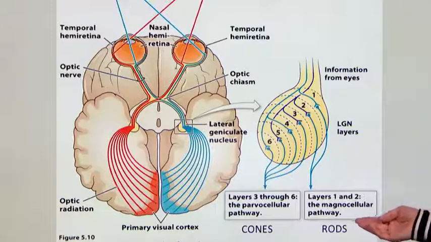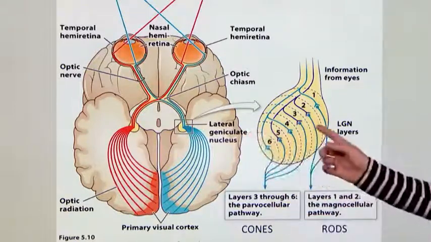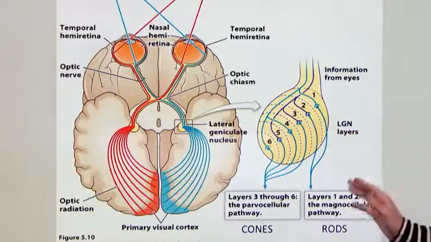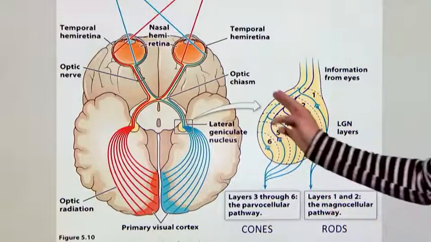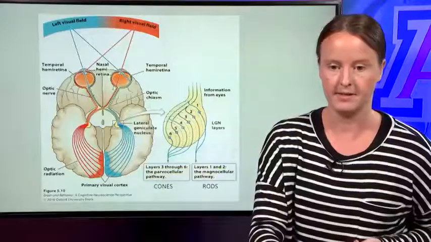The magnocellular pathway is important for processing information from the rods, and those are responsible for dim vision, no color, sort of seeing in dim light. So the LGN is broken up into distinct layers that handle information from the rods and the cones. The layers are organized in that way. Once this processing occurs, information goes to primary visual cortex, where it will be further analyzed.